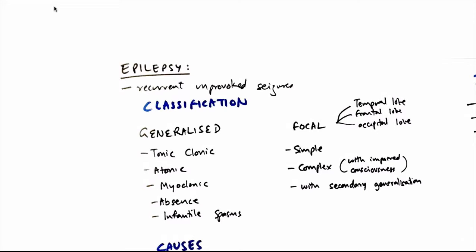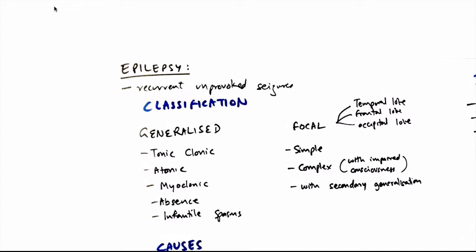Now, these could manifest as tonic seizures where there is increased body tone, or tonic-clonic where there is also jerking, or atonic seizures where a person suddenly loses tone and falls to the ground, or myoclonic seizures which are very fast twitches, or absences where a person can be staring blankly, or infantile spasms which are sustained spasms for a few seconds, either flexor or extensor type.